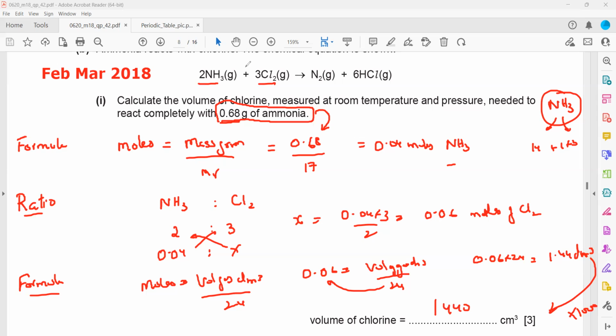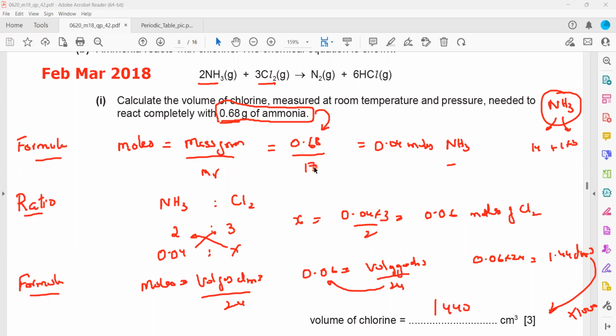So I'll repeat. First we were having only the mass of ammonia, and the question was to get the volume of chlorine. How to do such a question? As I mentioned, in mole questions you will always find the pattern: formula, ratio, formula. According to the equation, 2 moles of ammonia react with 3 moles of chlorine. But according to this mass, which is 0.68, we don't have 2 moles, we have only 0.04 moles of ammonia.